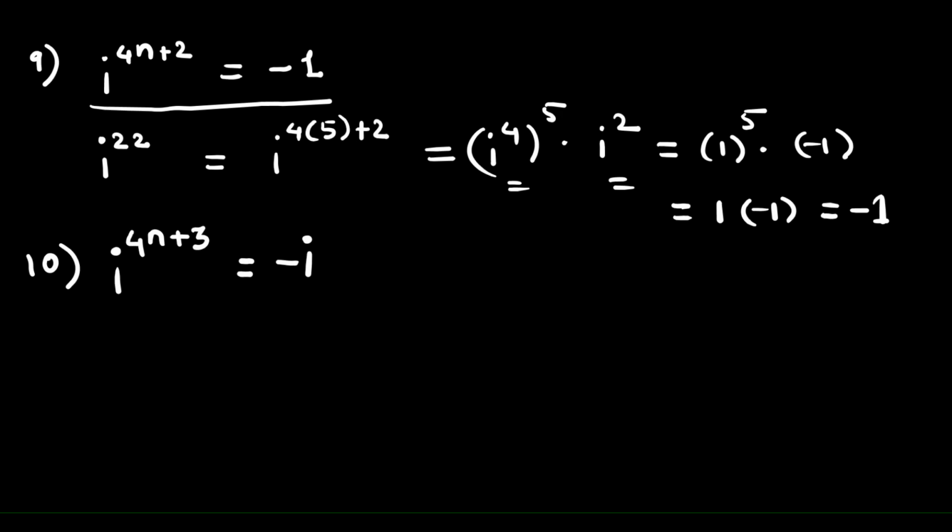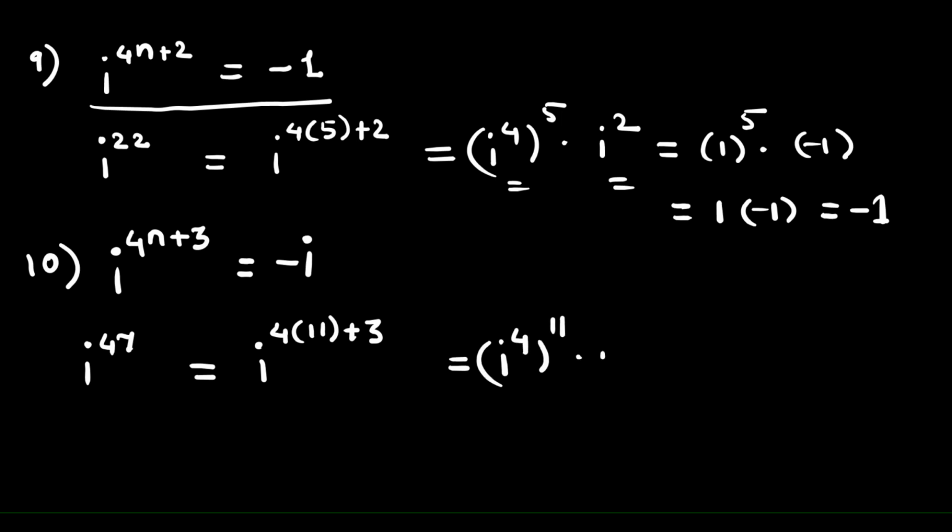How is that? Suppose we consider i to the power 47. It may be written as 4 into 11, that means 44, plus 3. So we get i to the power 4 to the power 11, into i cube, which is 1 to the power 11 into i cube.